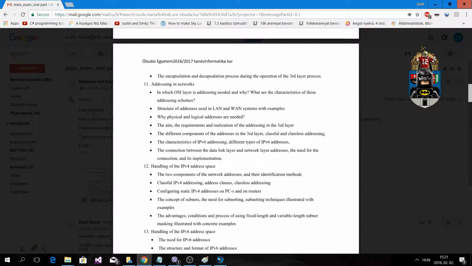I've told it several times in previous videos how the transmission looks like. A router will receive a packet, it will de-encapsulate until the network layer and check the destination IP address. Based on it, it will check its routing table and will forward to the next router or forward it directly to the destination.